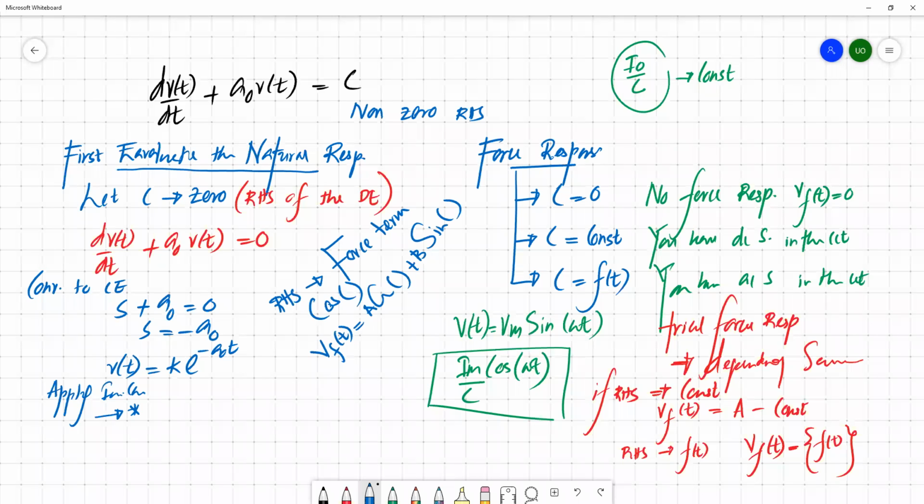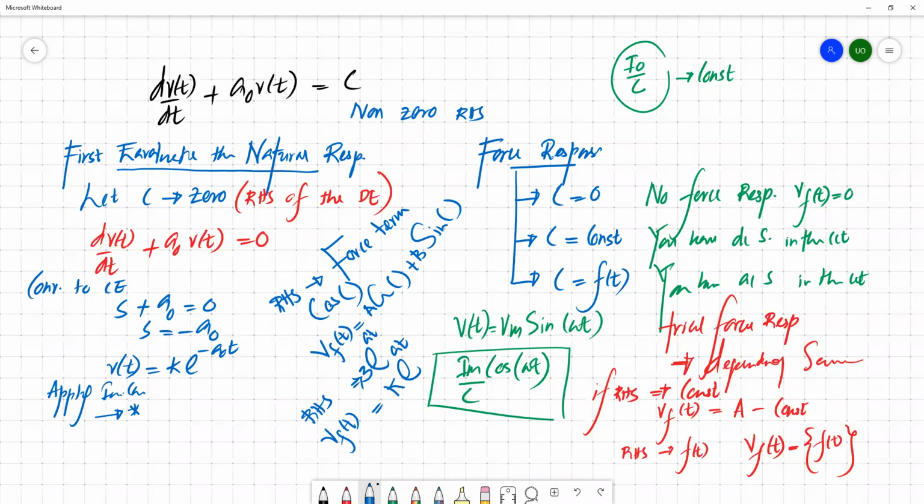For example, if your right hand side is an exponential function, like 3 e to the power at, then your forced response would be K e to the power at, a constant followed by the same exponential.